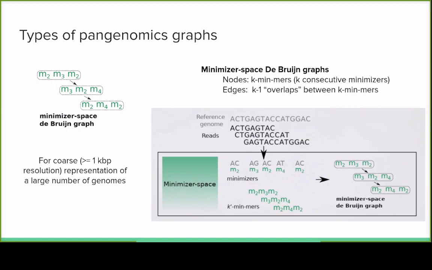So MTBG is a variation of the de Bruijn graphs where nodes are special k-mers, so I call them k-minimizers, k consecutive minimizers. And edges are k-1 overlaps, but not over bases, instead over minimizers as well. So what's going on? You take a reference genome, and could also be reads.